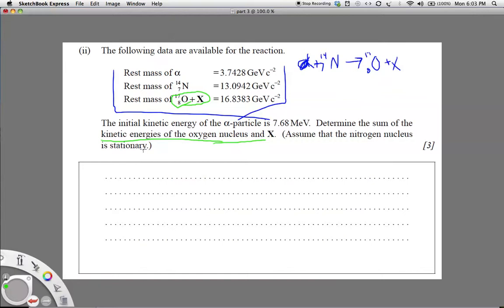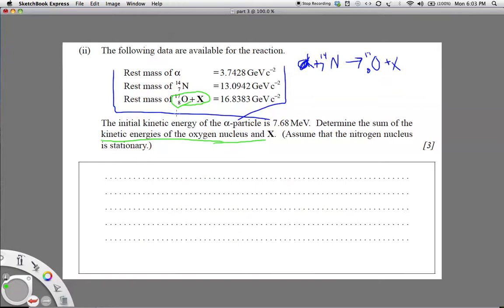In this reaction, an alpha particle strikes a nitrogen nucleus, and then I end up with oxygen plus a proton, and this oxygen plus the proton now have kinetic energy because they were struck by the alpha particle.